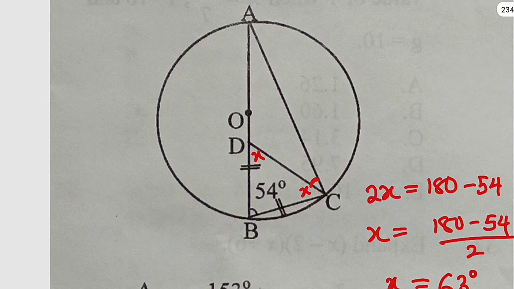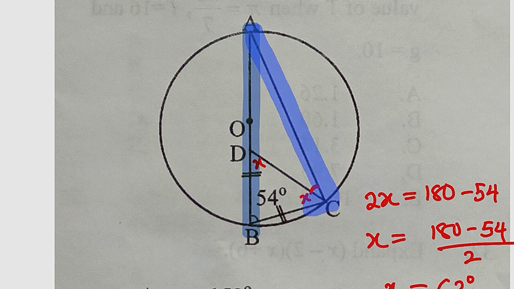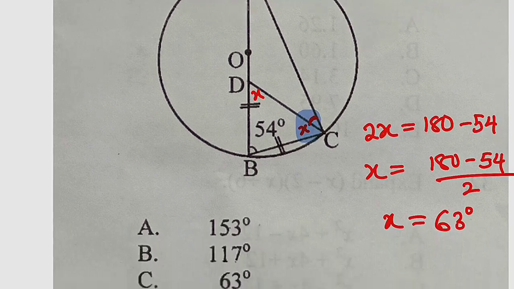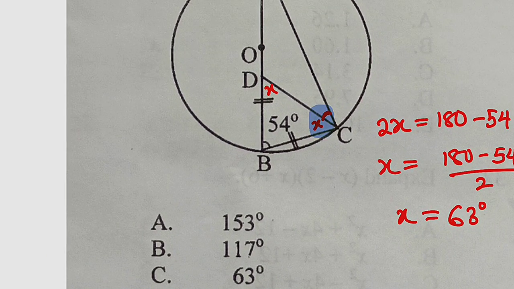All right, you should remember another circle theorem which stated that a diameter of a circle subtends an angle of 90 degrees to the circumference, which means that the entire angle here is 90 degrees. But we already have an x which is 63 degrees. So 63 plus that missing angle that we are looking for, let me call it y.